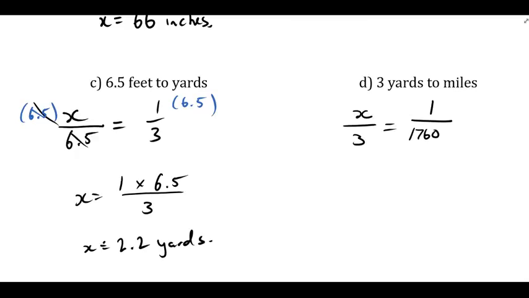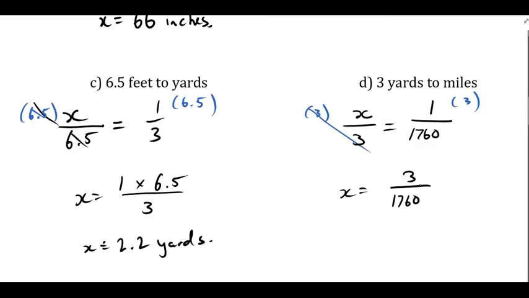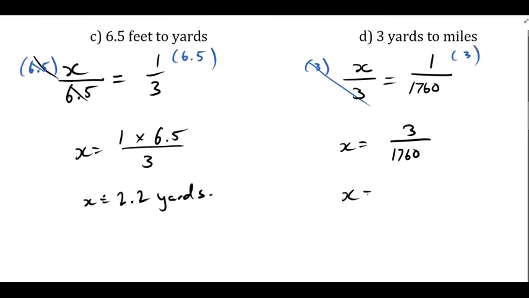So again, multiply both sides by 3. Those guys are gone. X equals 3 divided by 1760. I don't know why anybody would want to do this conversion. It really obviously complicates things, but who knows?